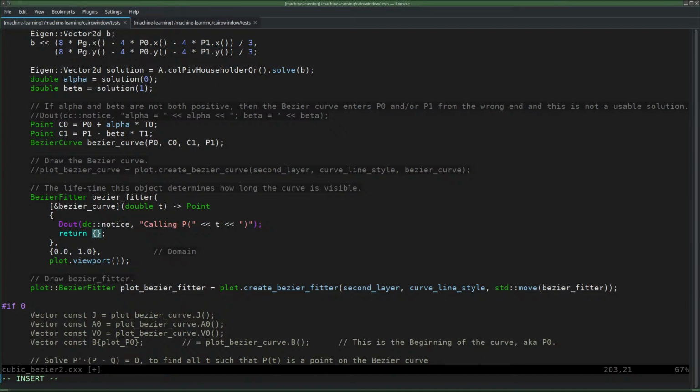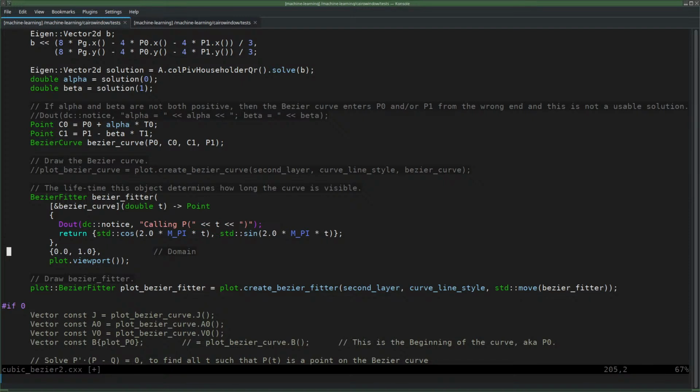So you can use cosine. So this should draw a complete circle when t runs from 0 to 1.